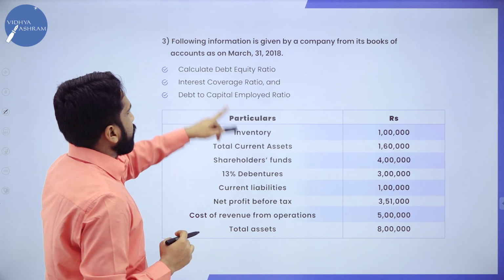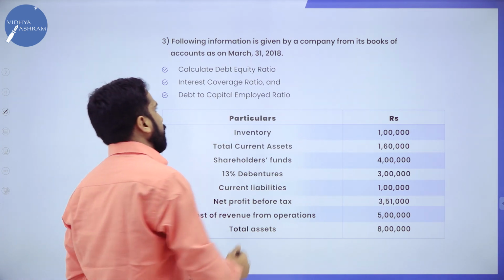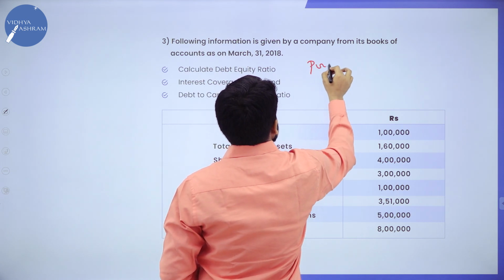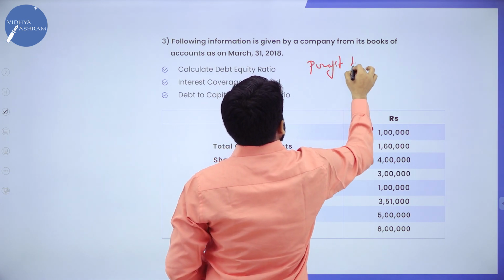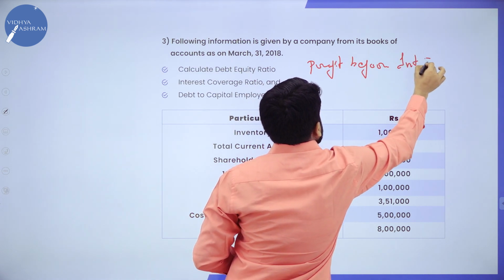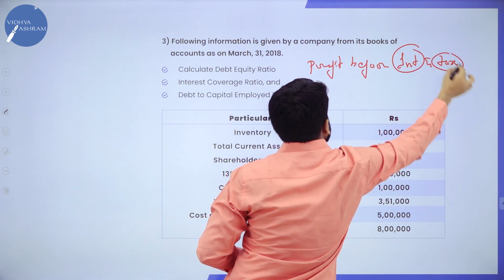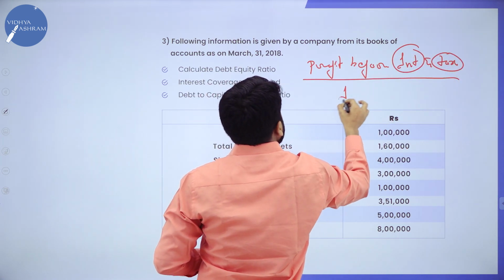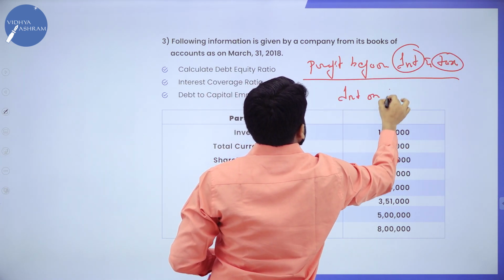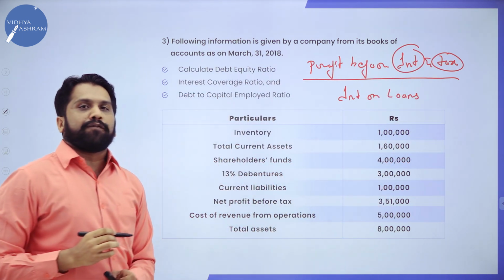Now, interest coverage ratio. First, remember what is the formula? The formula is profit before interest and tax. Remember, two things are there, divided by interest on long-term loans. So this is a formula.